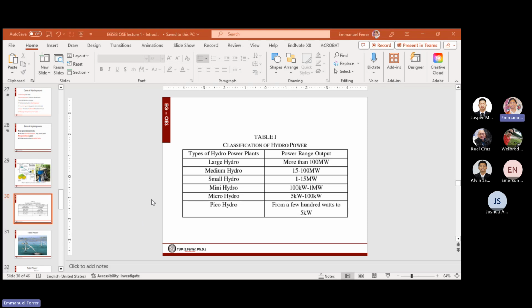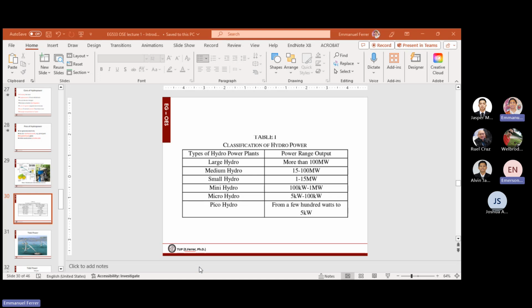Ito si Sis Payet, nandyan na. PUP pala. Tsaka si Navarro, si Emerson. Joshua and Emerson, nandito na ba sila? Hindi nakapasok. Ay, sir. Nandito po, Dok. Ito na pala. Pasensya na po. Okay. Ayan. So, nandito na pala.